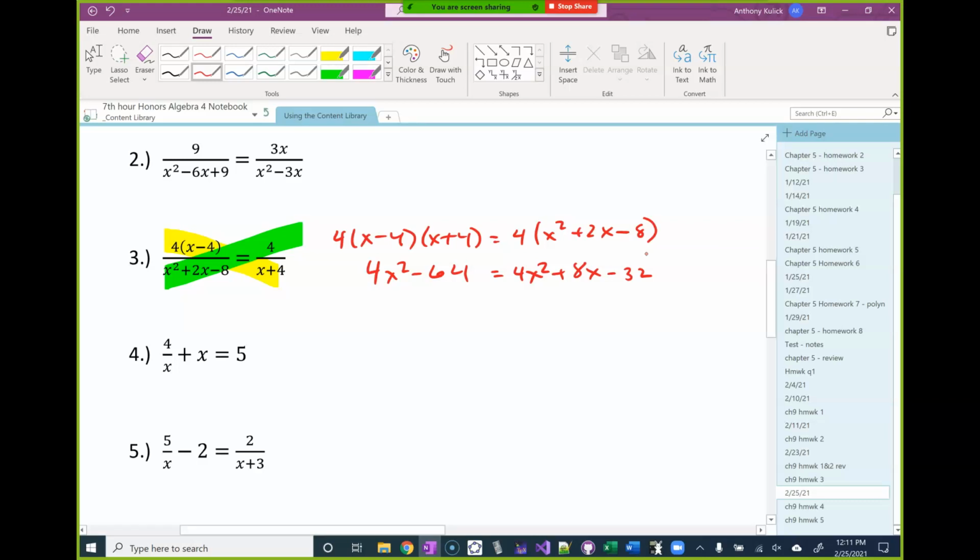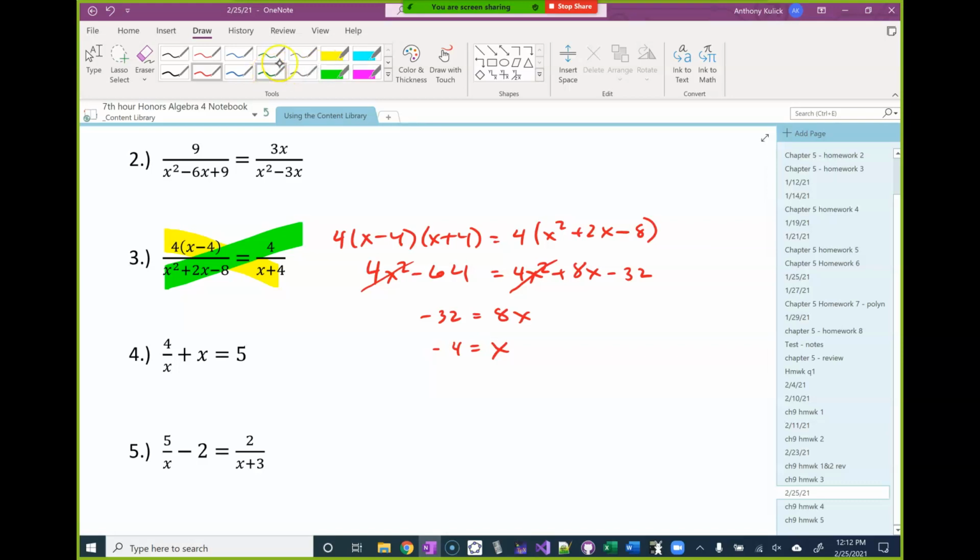So now what I'll do here is I'm going to subtract 4x squared from both sides, which just cancels those out. And then I'm going to add 32 to both sides. And then if I divide both sides by 8, I get x is equal to -4.